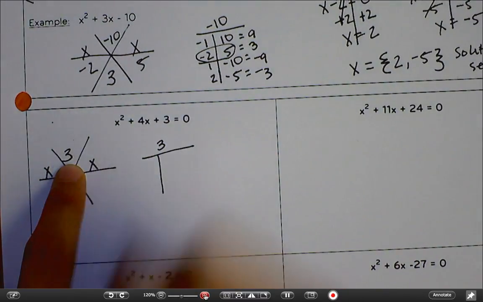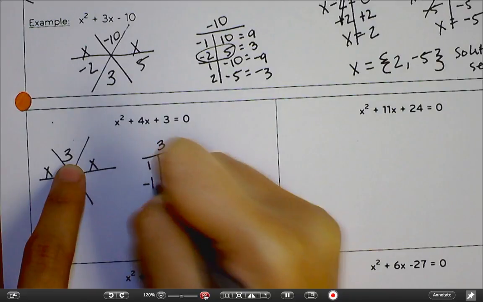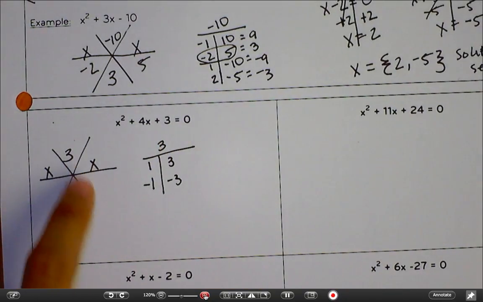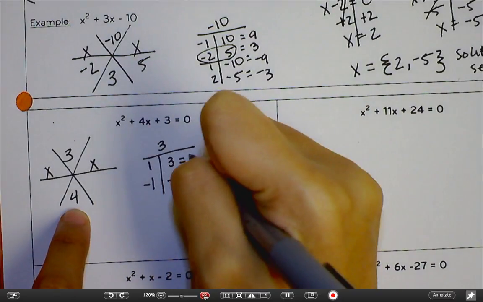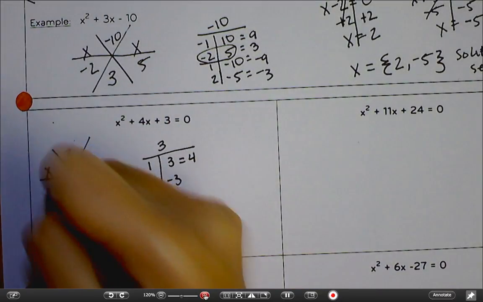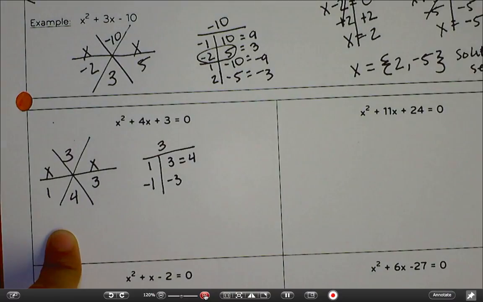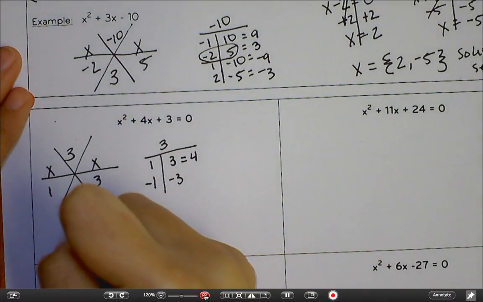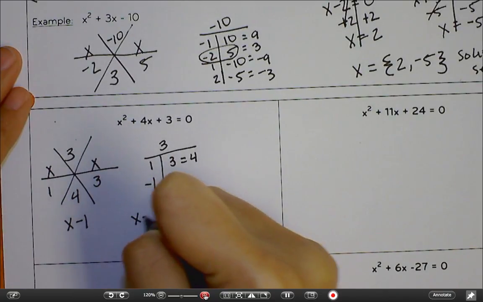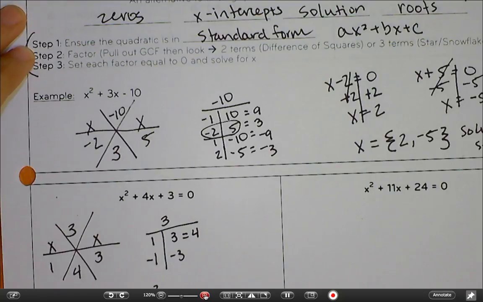Factors of positive 3: 1 and 3, negative 1 and negative 3. Add those factors together. I need to get 4. This would give me 4. So I put down 1 and 3. So I have my factors, x plus 1 and x plus 3. That is step 2. I am done factoring.